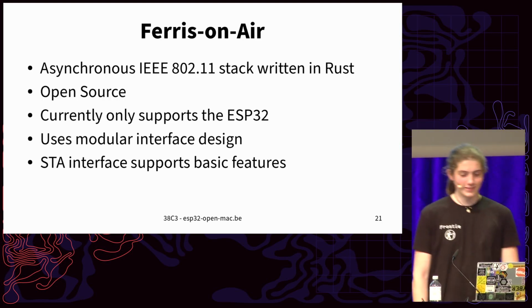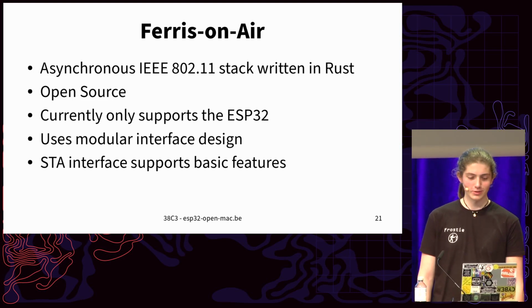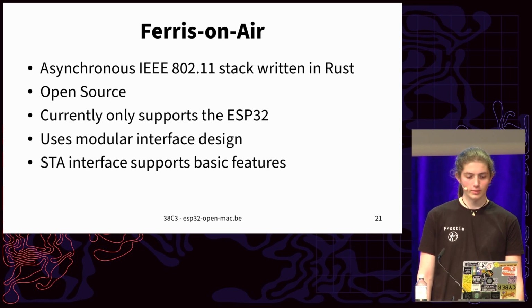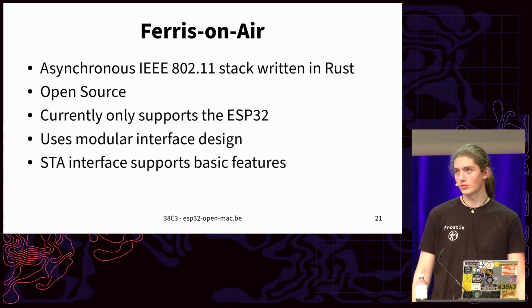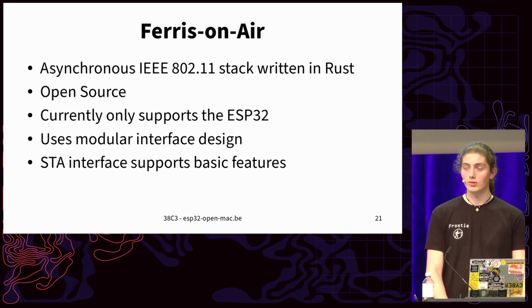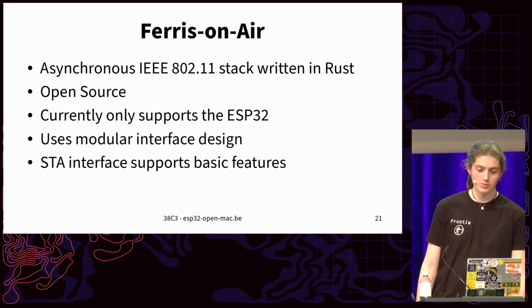And this is Ferris-on-Air. It's an asynchronous IEEE 802.11 stack written in Rust. It's open source. You can find it in the GitHub organization of ESP32 OpenMac under the name FOA, which is just the shorthand term I will use for now. And it only supports the ESP32 for now, because we have not reverse engineered any other chips yet.